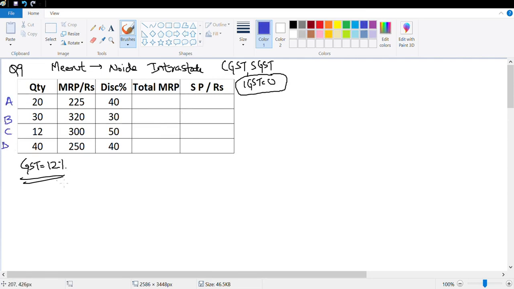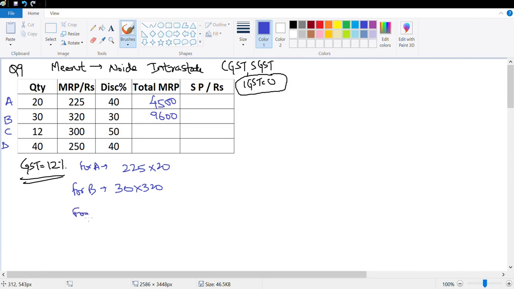So for A, total MRP will be 225 into 20, which is, no, not 445, 450, so 4500. For B, it is 30 into 320, which is 9600.